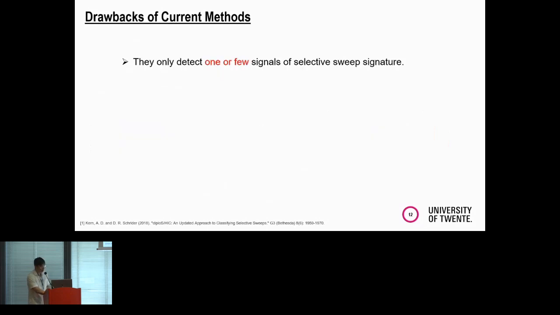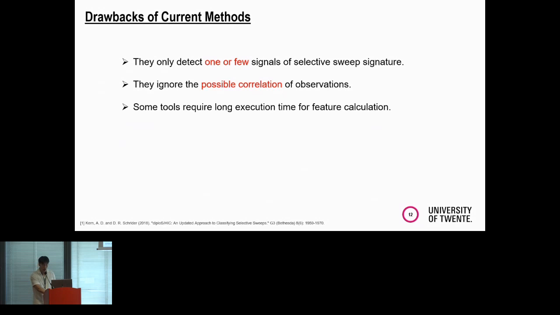Although these methods have made some achievements, they still have drawbacks. First, the summary statistic-based methods only detect one of a few signals of selective sweeps. And the likelihood-based methods ignore the possible correlation of the observations, and some of them require long execution time for the feature calculations.